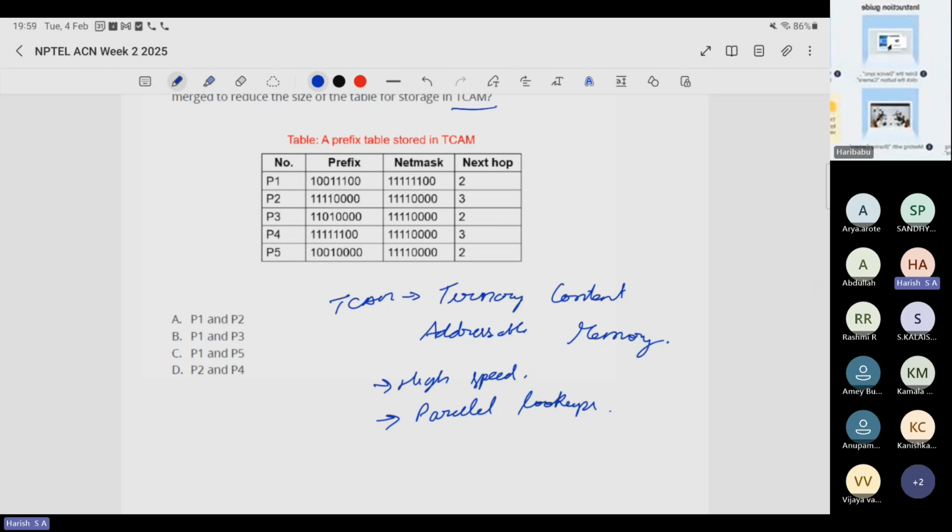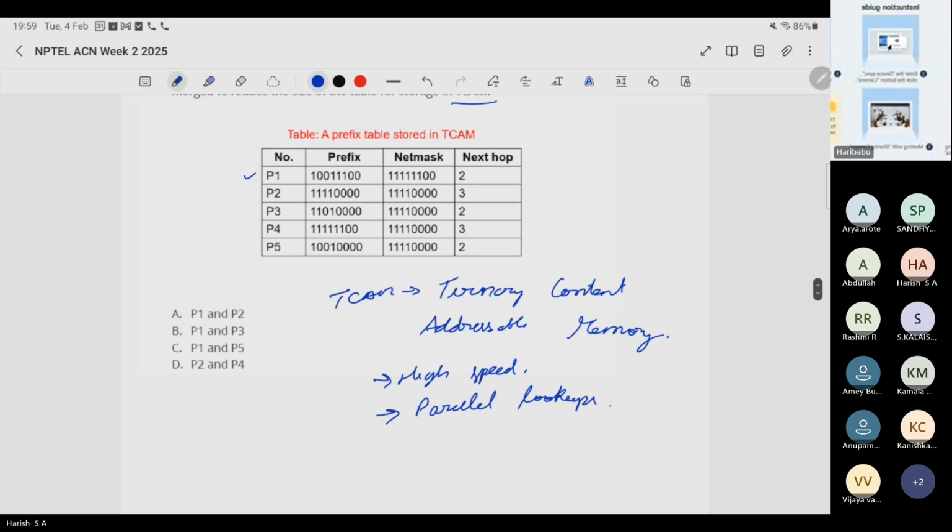So how do we figure it out? If you look at P1 and P5, right? You can see that the next hop is the same. The next hop is 2 here.